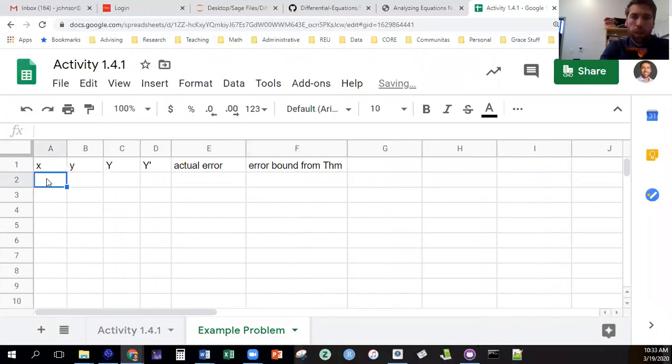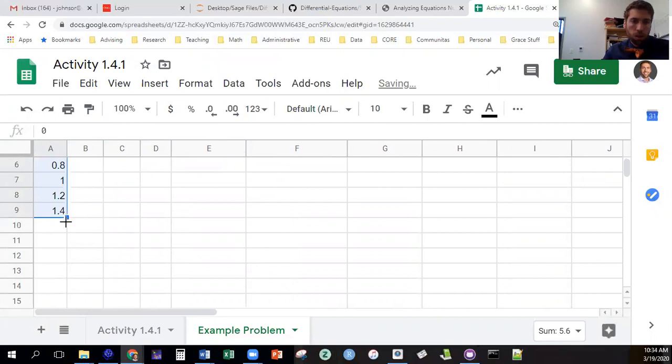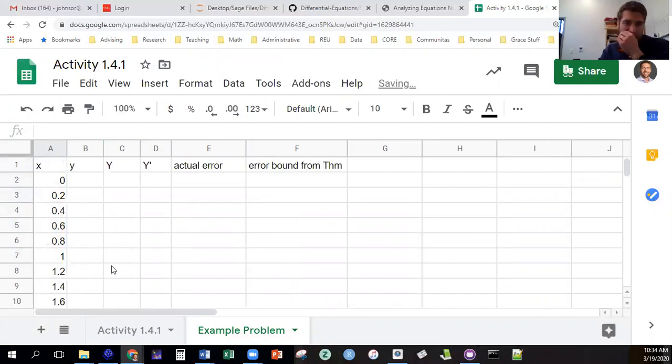So then my t starts with 0, and my step size is 0.2. Your step size is 0.5. And then I drag it down. Okay, went too far. There we go. So then y.